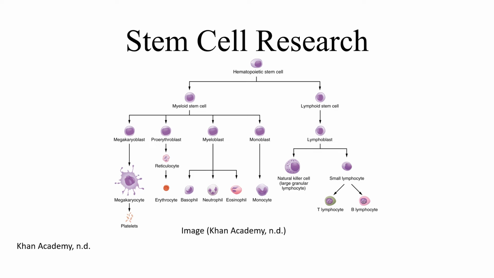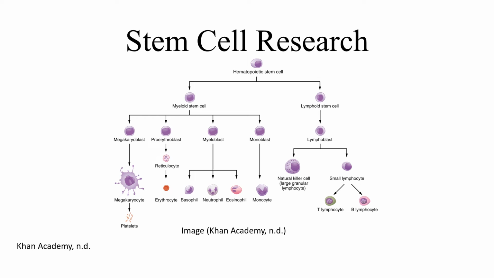And so here you can see in the picture that it all starts from one blood cell up here at the very top, the hematopoietic stem cell right here. And then it's going to differentiate into either a myeloid stem cell or a lymphoid stem cell.